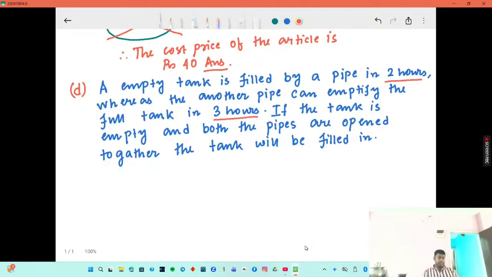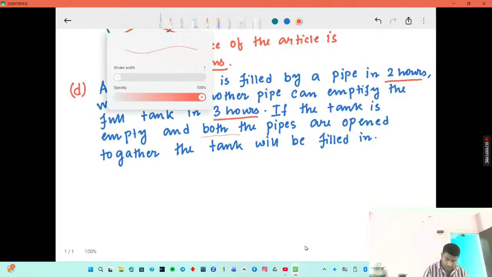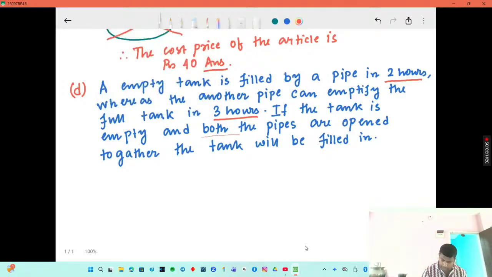So the question is, if the tank is empty. Now, in the initial position, the tank is empty and we are opening both the pipes together. Now if we open the pipes together, then the tank will be filled in. Is it clear to you?